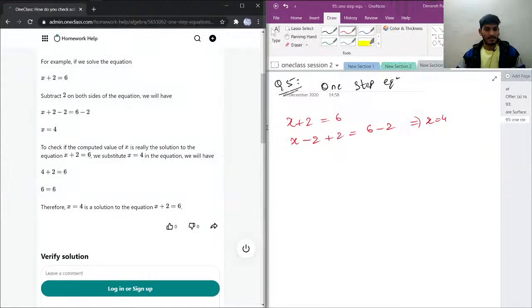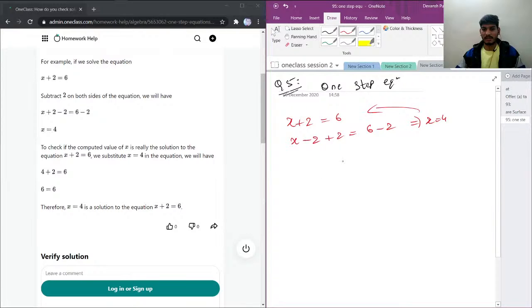To check if the computed value of x is really the solution, we substitute x equals 4 back into the equation: 4 plus 2 equals 6, which implies 6 equals 6, and my LHS is equal to RHS. Therefore, it satisfies the equality condition, and x equals 4 is the solution of this equation.